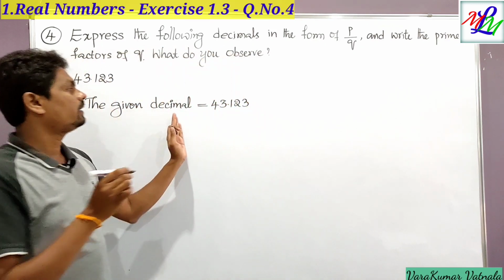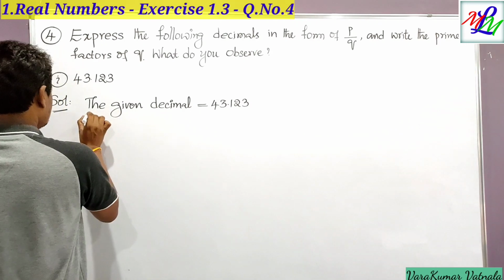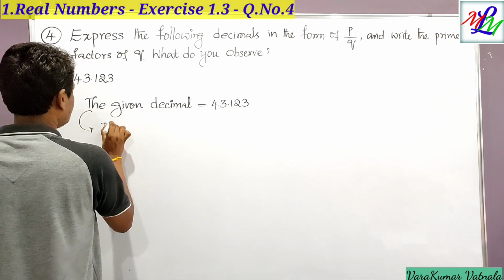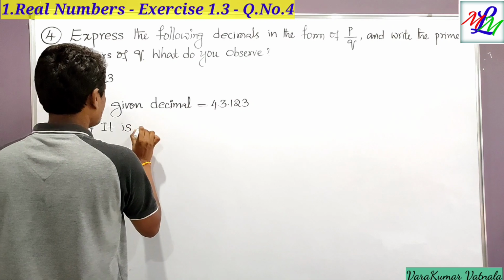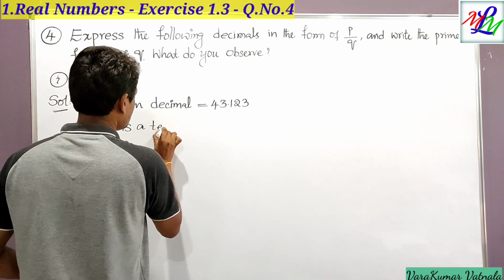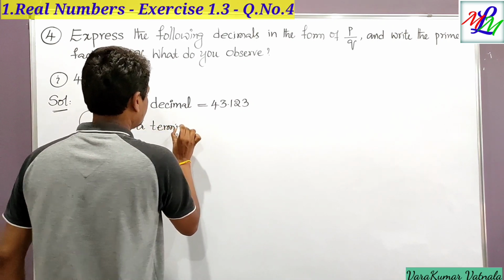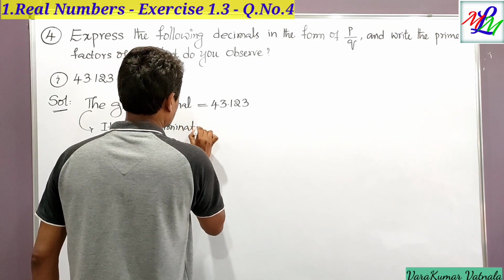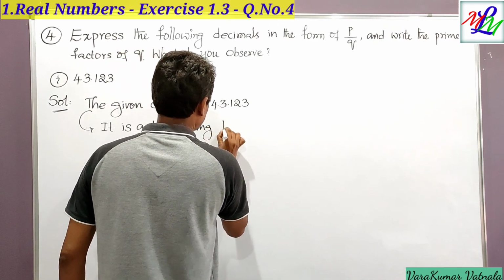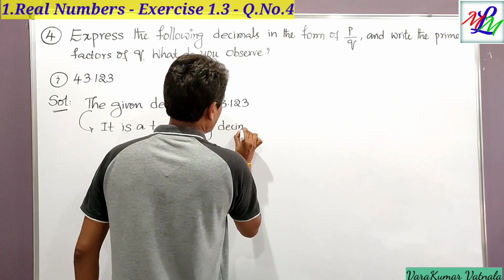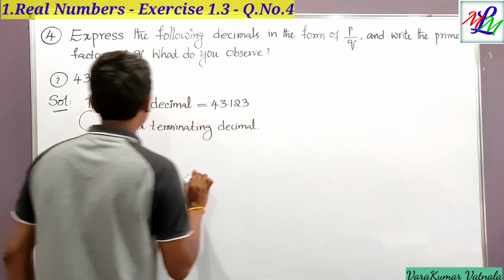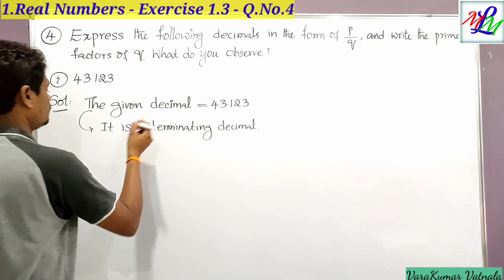It is very clear that it is a terminating decimal, so it can be converted into p by q form. Terminating decimals are rational numbers.